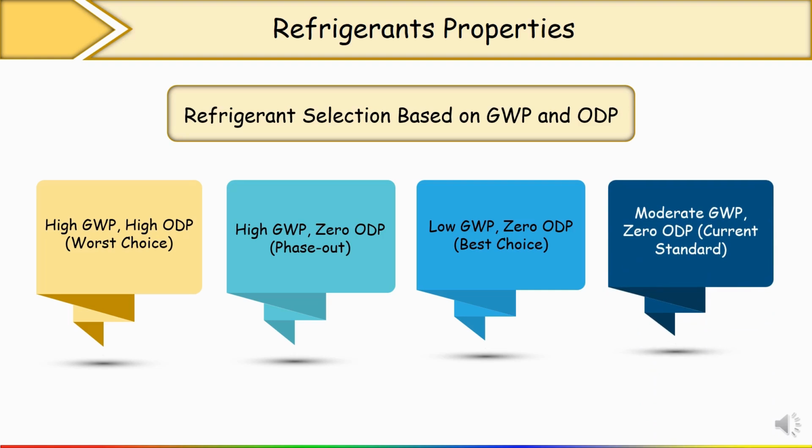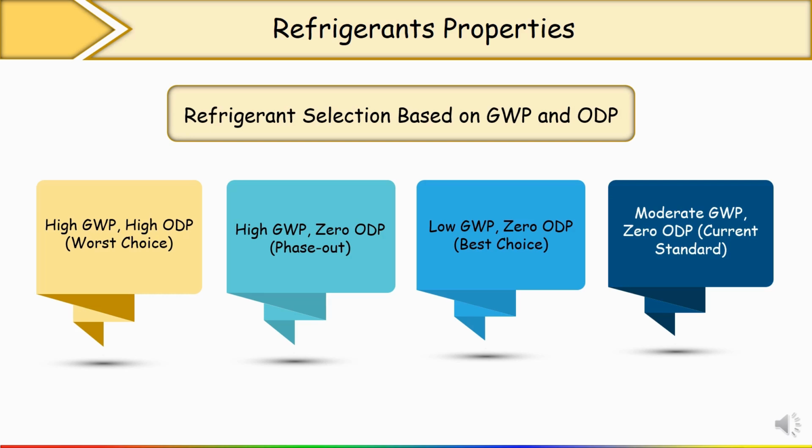And the fourth condition is, suppose you have a moderate GWP and zero ODP, which meets current standards. Some refrigerants, for example R32 and R1234YF, are hydrofluorocarbons like R32.